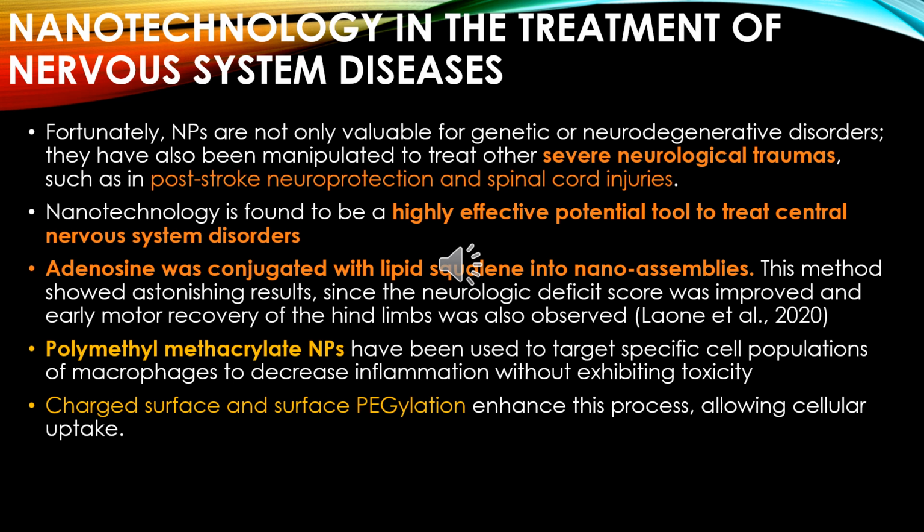There may be an age factor or some inhibitor molecules which prevent the regeneration of axons. In this regard, nanotechnology has been found to be a very effective and potential tool to treat such disorders caused by damage of axons. Nanoparticles can help to regenerate or regrow the axon.